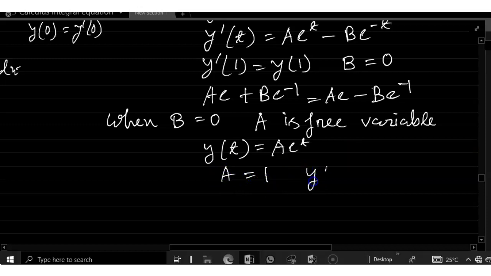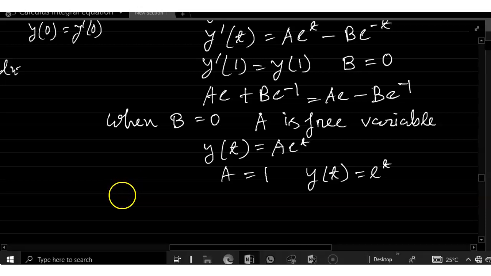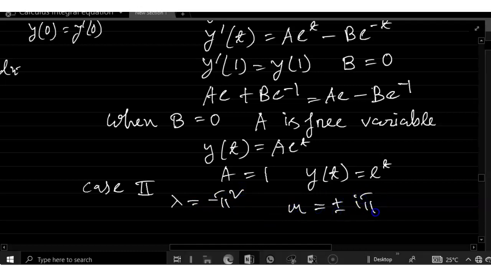So yt equals e to the power t. So in case 2, when lambda equals minus pi square, then m equals plus minus i pi.